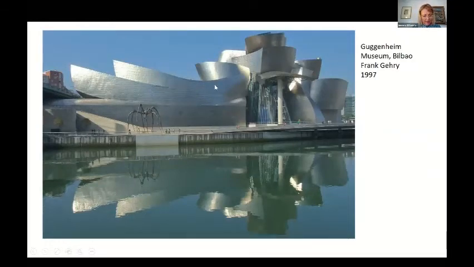So we've got this manipulation of the structure of the Guggenheim, but we need to understand now what is going on in this building. It's so different. Well, it was commissioned by the local government of Bilbao. And Bilbao in its past, in the 19th century, was a real powerhouse of industrial maritime business.